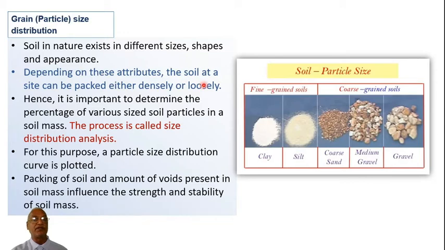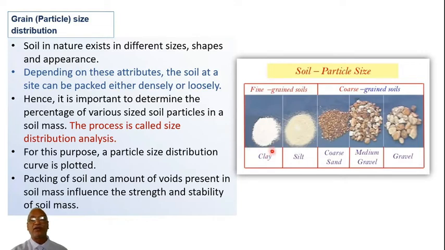That's what it means actually. So while packing, what matters is the size and shape. Hence, it is important to determine the percentage of various sized soil particles in a soil mass.